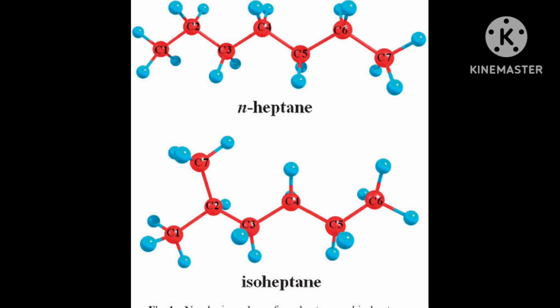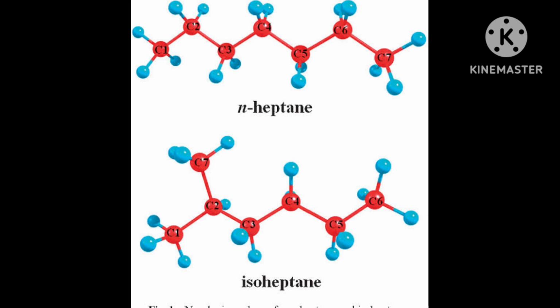Normal heptane is an organic compound, a hydrocarbon, C7H16. Carbon atoms are 7, hydrogen is 16. It is called normal heptane. 7 carbon means heptane, an alkane.